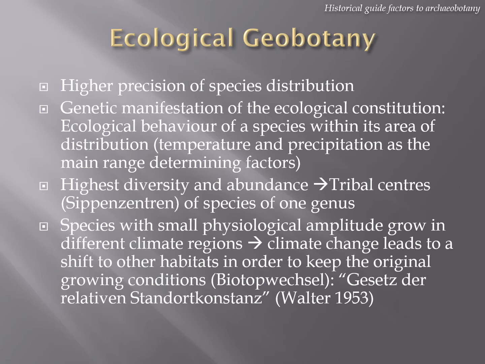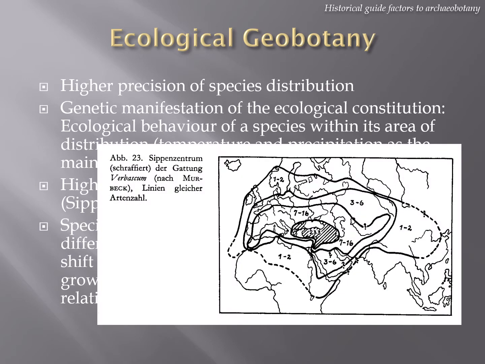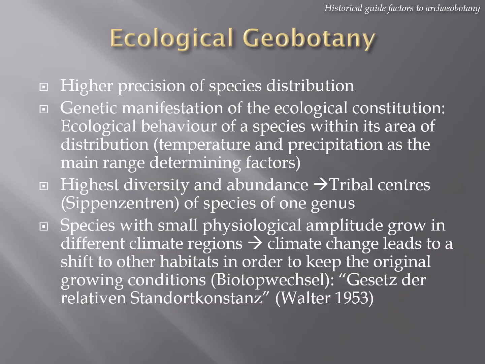These are tribal centers, or German Sippenzentren. Further away from the tribal center, the number of species decreases. Species with a small physiological amplitude can grow in different climate regions only through changes of habitats.